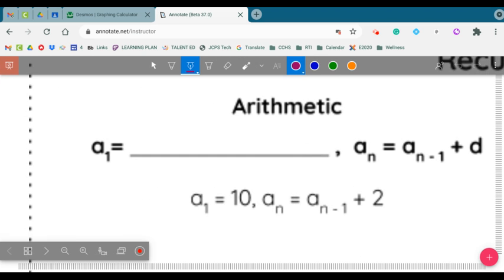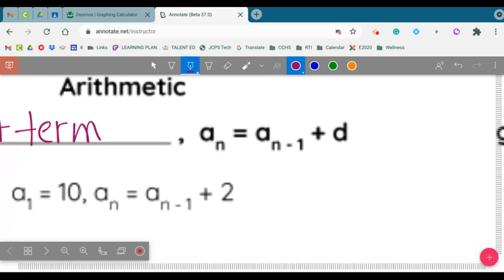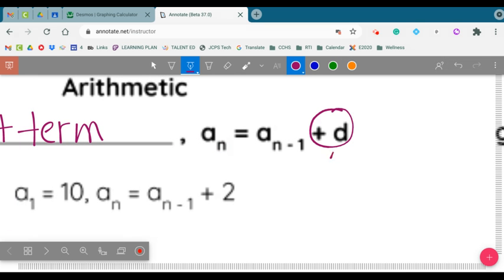If you remember, for our arithmetic recursive rule, we have our a sub 1, which will state our first term. And then our d value, which will be on the end, will be our common difference.